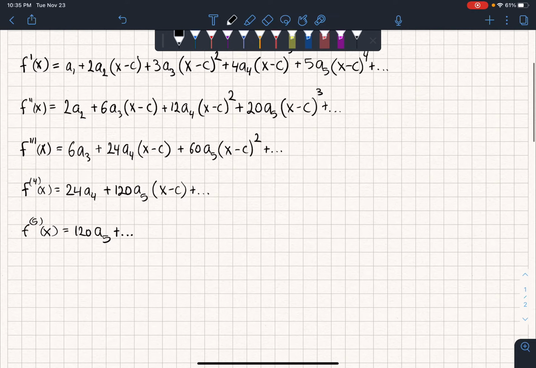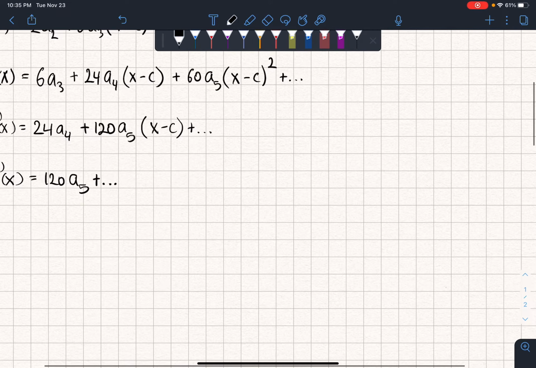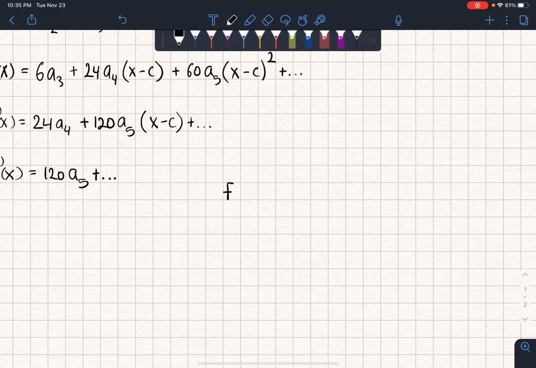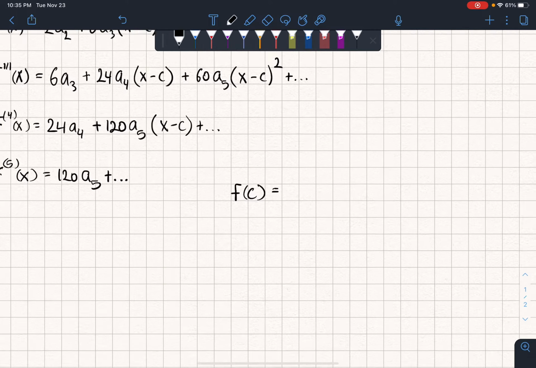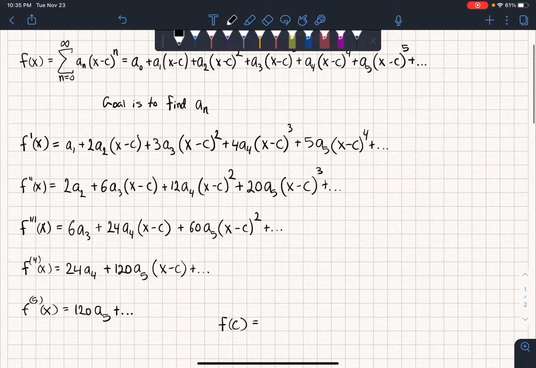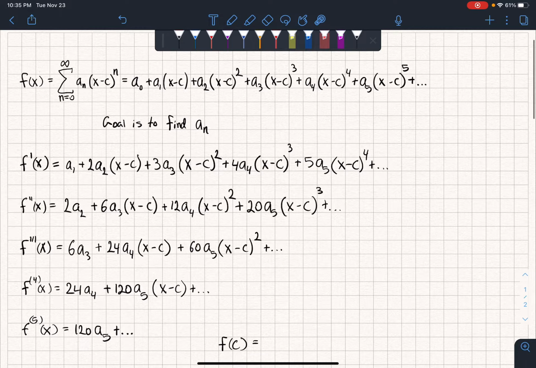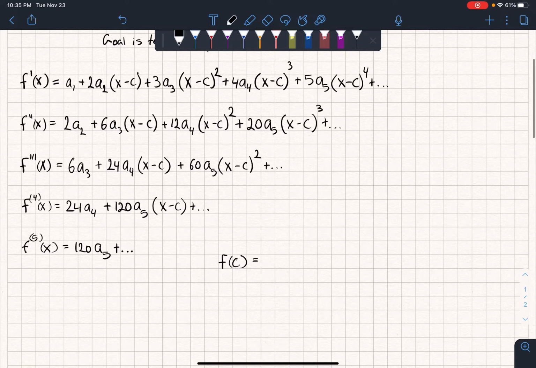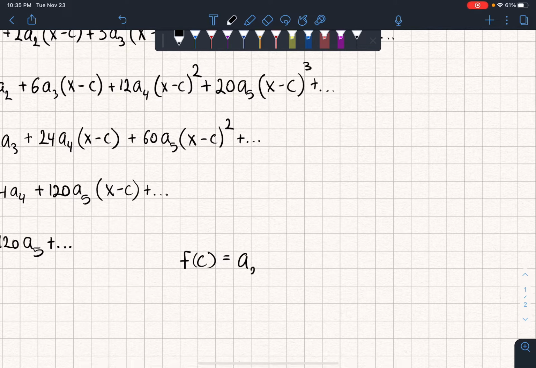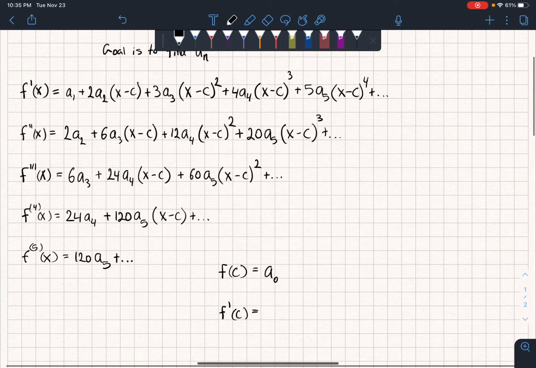So that's what I'm going to do. I'm going to start with f of x. I'll just write it down here first. So f of c equals, basically when I plug in c, like I said, it's just going to be the first term in all these equations. So f of c is just going to be a sub 0 from right here. f prime of c, again, is just going to be the first term in that equation.